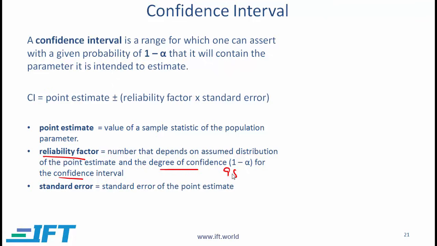A 95% confidence interval resulted in a z value of 1.96. A 99% confidence interval would require a higher z value, and so on. But the reliability factor also depends on the assumed distribution. So far what we have assumed is a normal distribution, so we look at the z table. Later on we will also look at something called the t distribution.